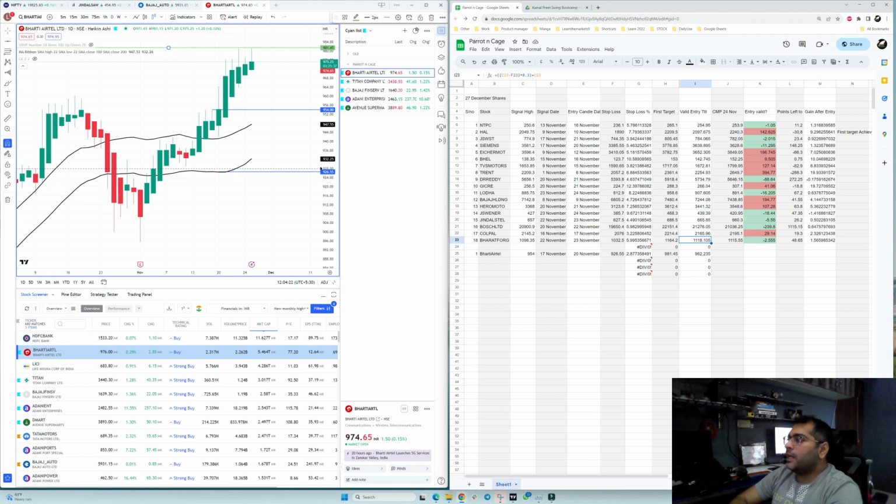So basically what I did was my signal high into 30% of the stop loss. So this is the maximum I can go for my entry. This is the price where I should make my entry, and right now the price is 975.3. I'll mark it here.